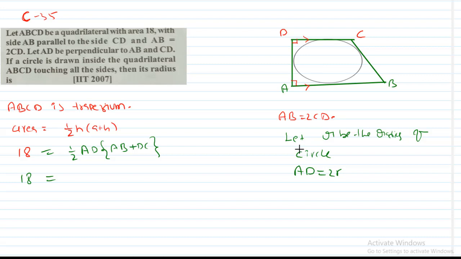So half into, instead of AD I can write 2r, and AB means 2CD, so 2CD plus CD. The 2s cancel. So what I got here is 18 equals r times 3DC.